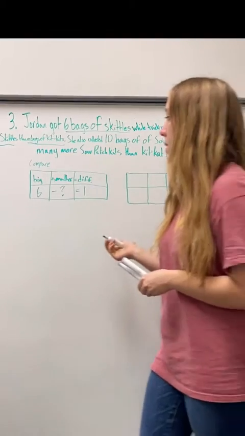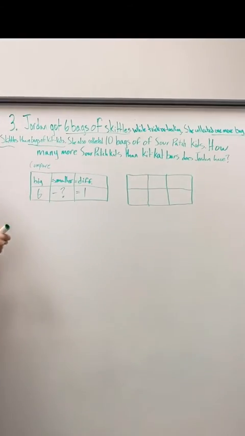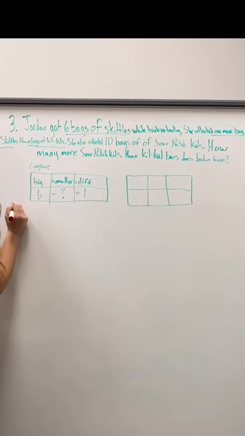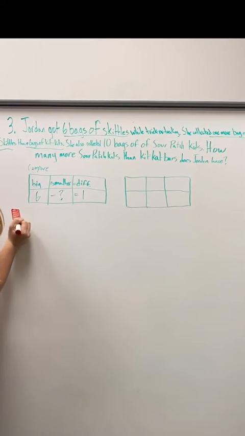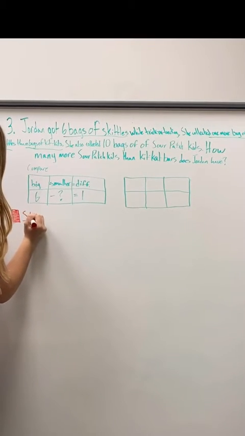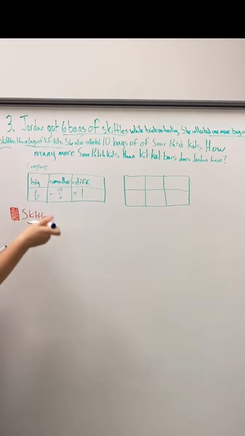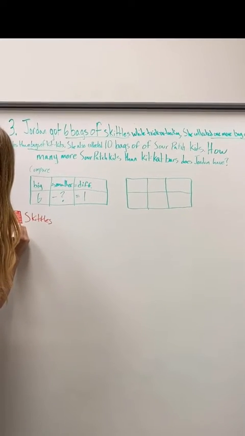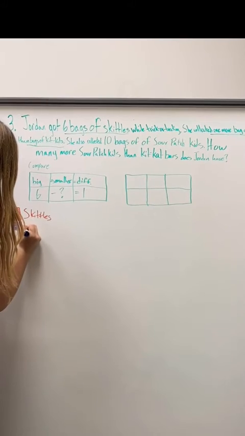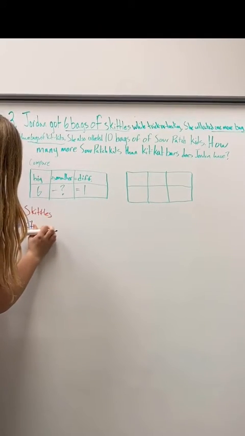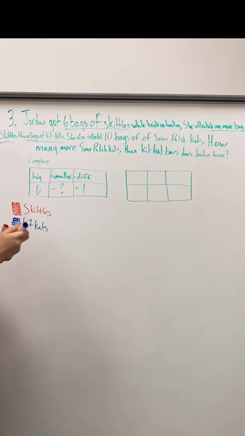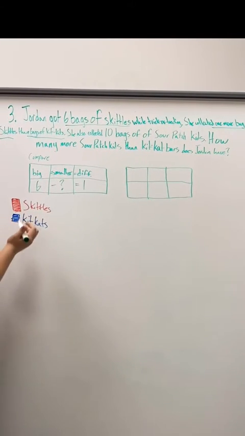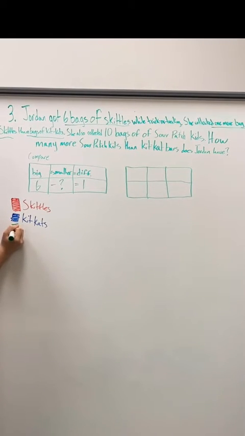Because if we gave them 5 blue blocks to represent Kit Kats, they're going to know that's how many they need. And to make this less confusing, the teacher will make a little color code for them, like a legend. So there's our Skittles, and then we have the Kit Kats, and finally the Sour Patch Kids.